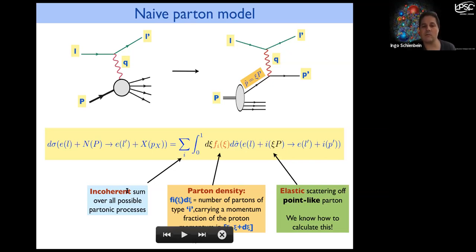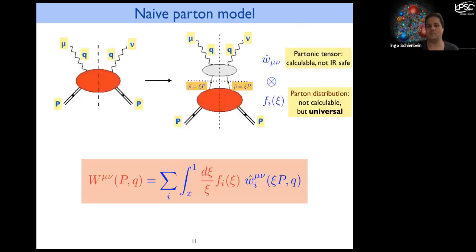And then we have to sum over all possible partonic processes to get this hadron level cross section. The word incoherent means that for each partonic cross section, we sum the cross sections and not amplitudes. So there are no coherence effects between different partonic processes.